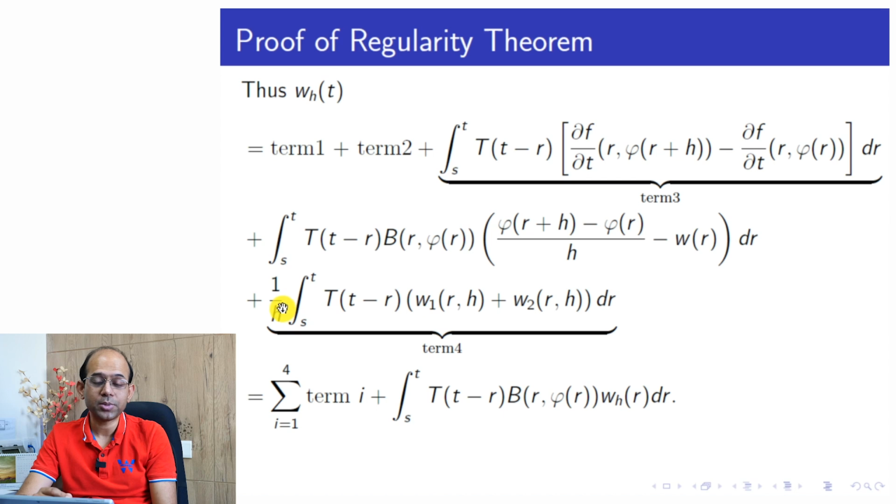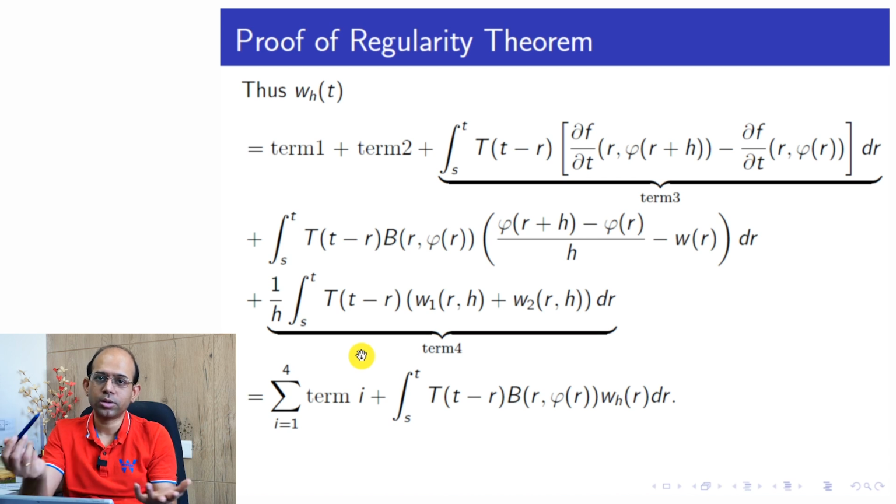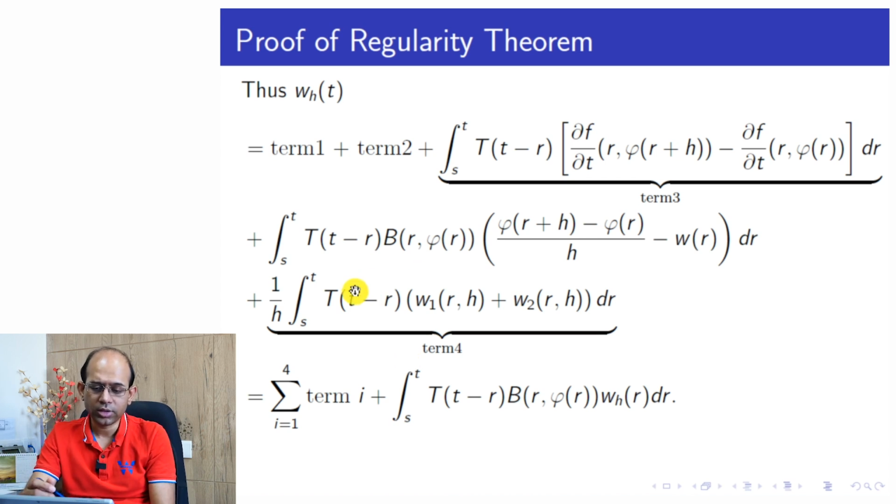So then again use the bounded convergence theorem of integrals to ensure that term 4 also goes to 0. So what we have obtained is that WH is equal to term 1 plus term 3 plus term 4 plus some term where WH appears.